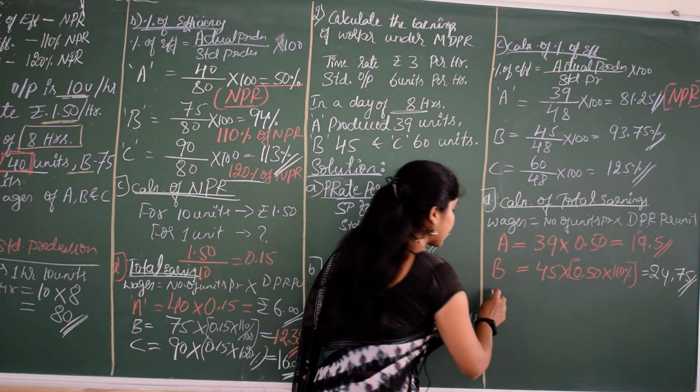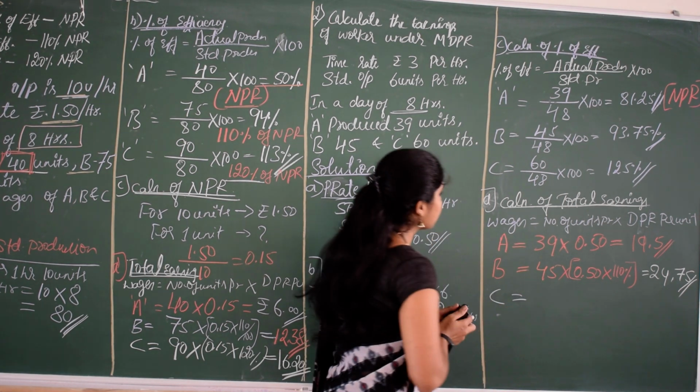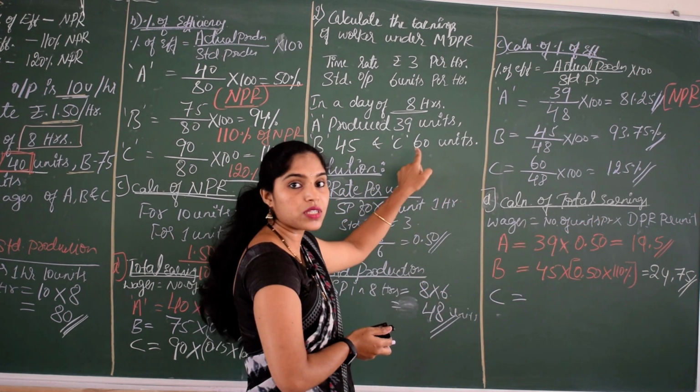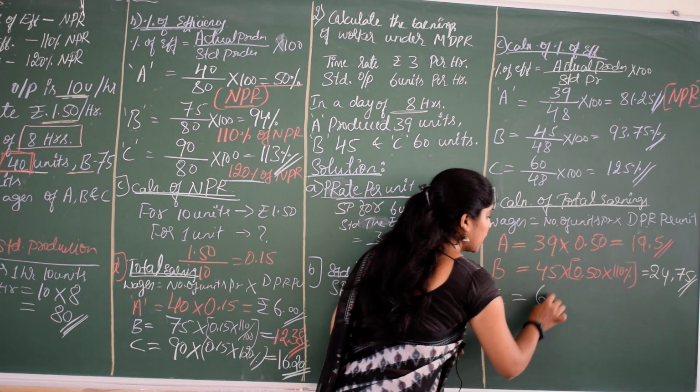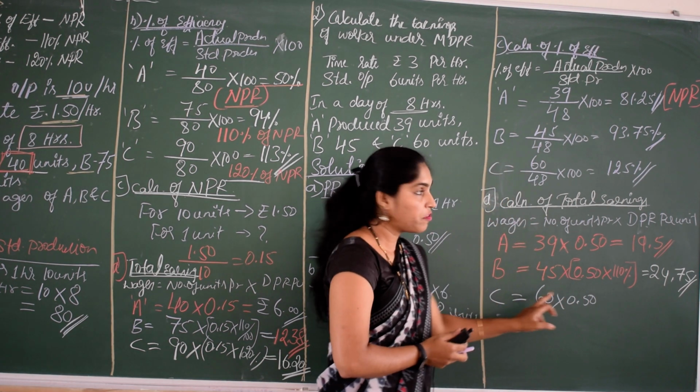24 rupees 75 paise is the total earnings of Mr. B. Similarly, calculate for Mr. C also. C is going to produce 60 units. Can we take 50 paise? We have to see the criteria.